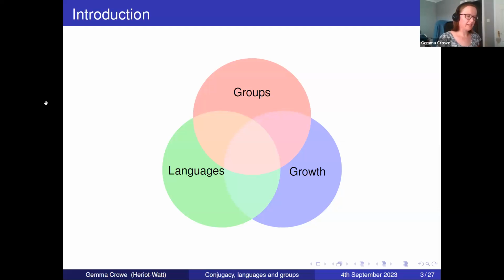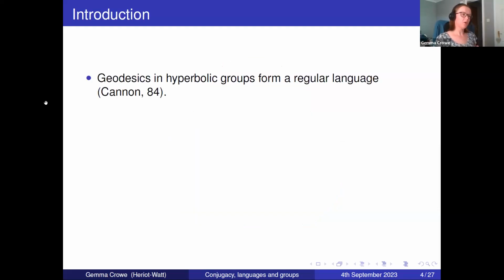So, okay, I'm saying there's a non-trivial intersection, but let me give some more motivation and evidence that there really is. So going back to the 80s, Cannon was looking at hyperbolic groups and geodesics in hyperbolic groups. So, you know, this is a very geometric property of groups, but they went on to show that when you consider these as a formal language, they form a regular language, which I'll explain what that is in a little bit.